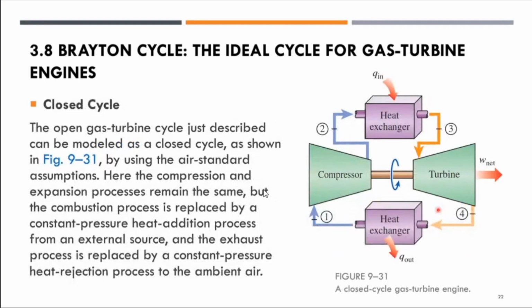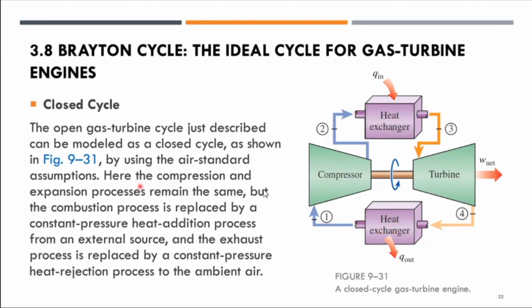Right? Compared to the open cycle, we have the closed cycle as shown in this figure 9-31. Okay, so you can see here the air that is being supplied by the heat exchanger goes to the compressor, goes to the heat exchanger, goes to the turbine, and it flows back into the heat exchanger. Right, the same air comes back, and that's why we call it the closed cycle.